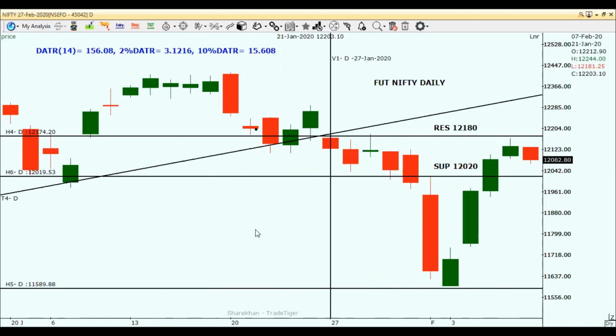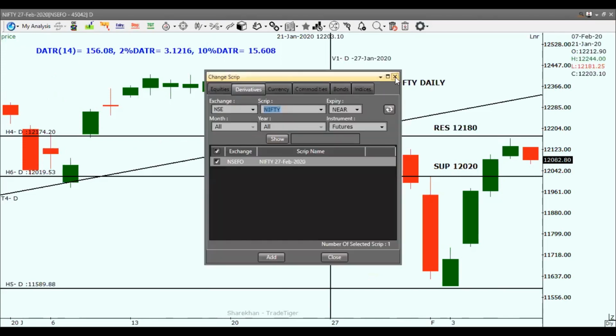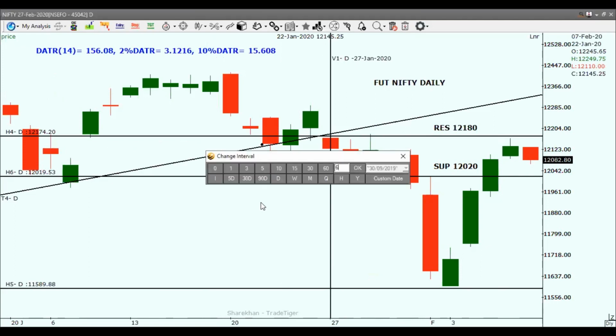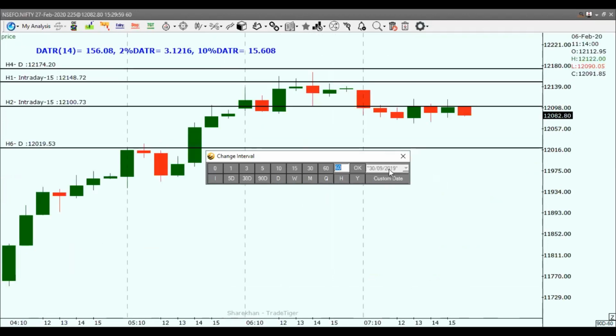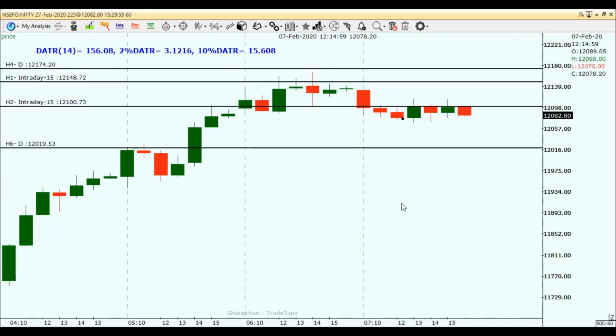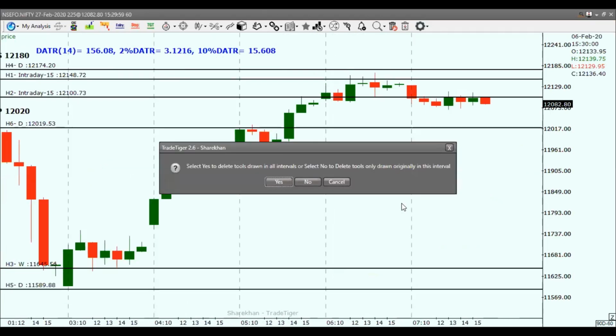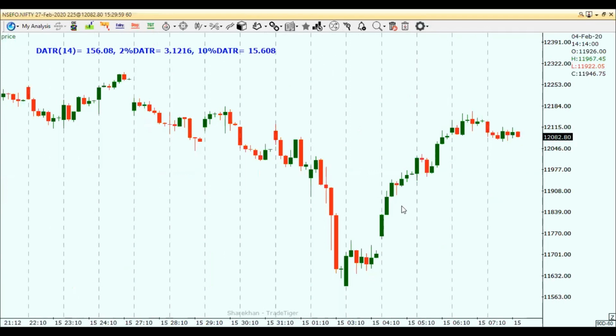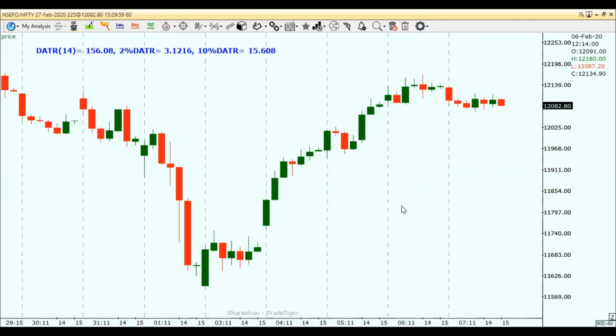Let me also discuss the Nifty hourly chart. I'm changing the chart to Nifty hourly. So I'll remove all the lines. Let us see how it is looking. So in this hourly chart, you can see here the price made an attempt to go up.